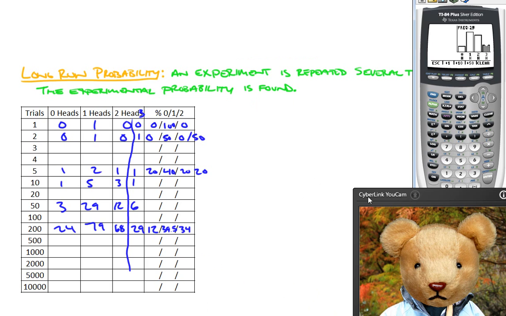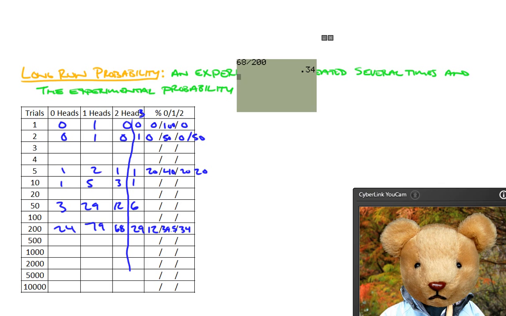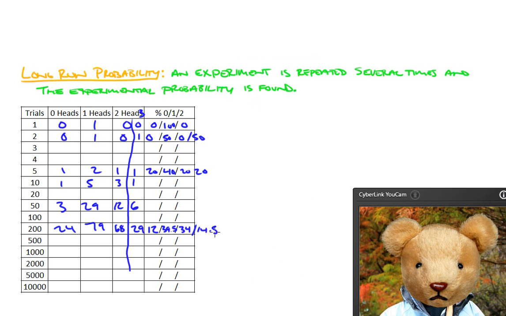And then, oops, wrong one, 29 divided by 200 gives us 14.5. Okay, so those are all the long run. Well, we're getting closer and closer to the long run probability on that.